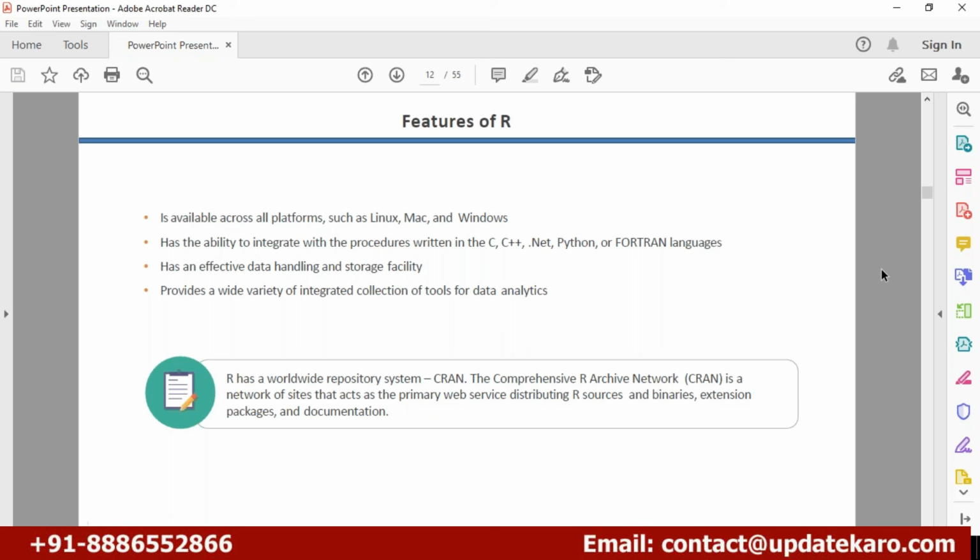But almost everything can be done. R was a statistical language basically. Initially, it was introduced to do statistical analysis, right? And R has a worldwide repository system, the Comprehensive R Archive Network. We'll be seeing all these things in the next class tomorrow.